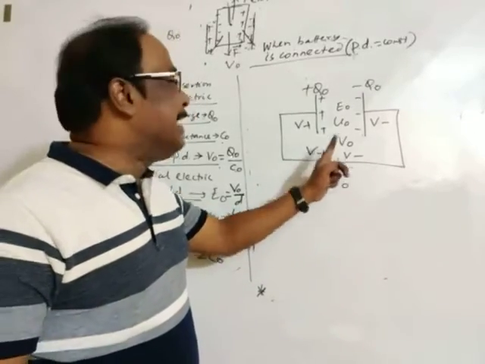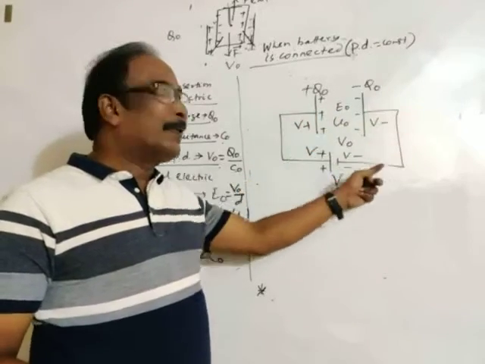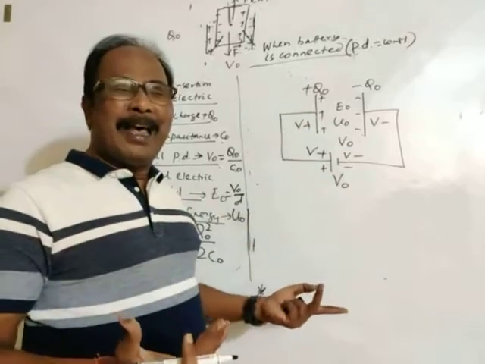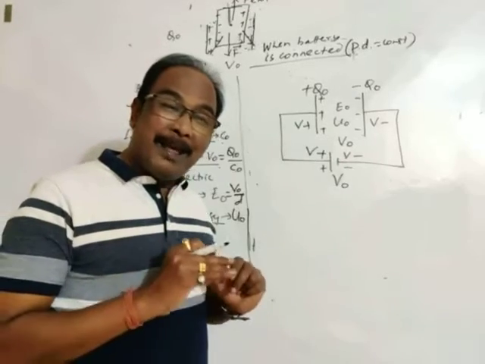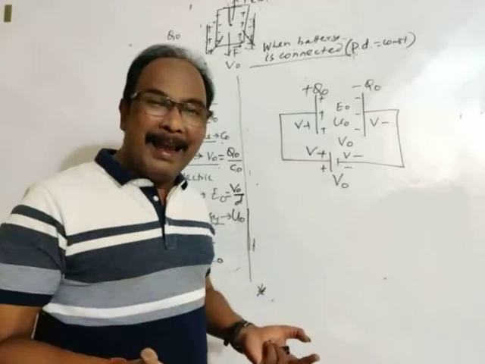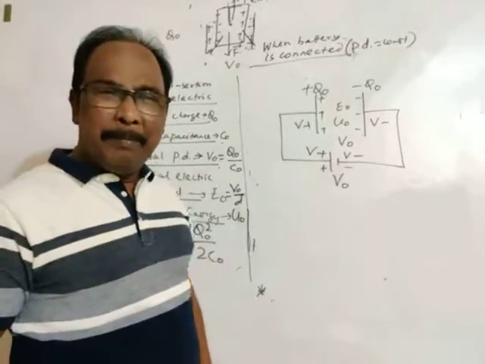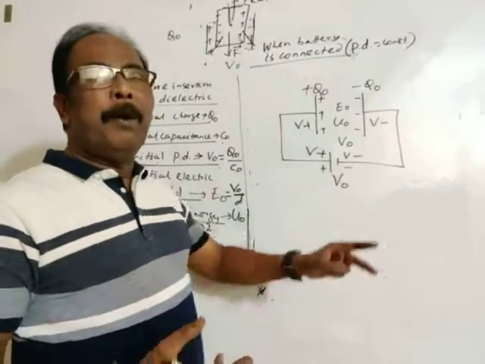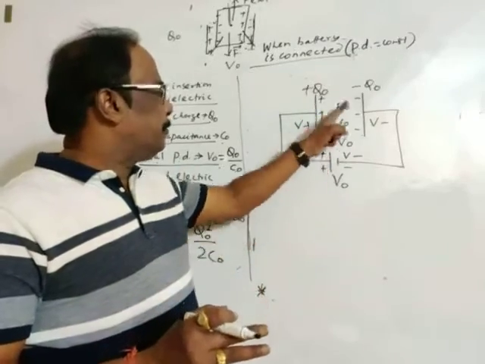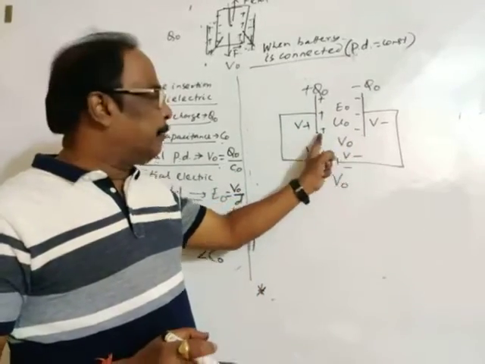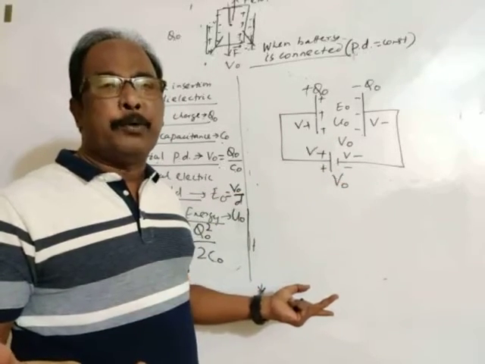So if the battery is connected, potential difference remains constant, charge will not remain constant, because this is the source of energy. Charge will continuously flow through the battery until the charging process is completed. If you do not insert any dielectric, then charge will not change, because the charging process is completed with potential difference V naught, and all the parameters will remain constant.